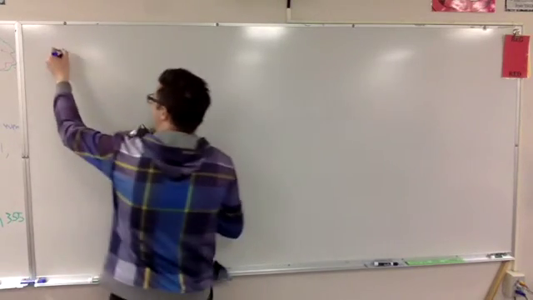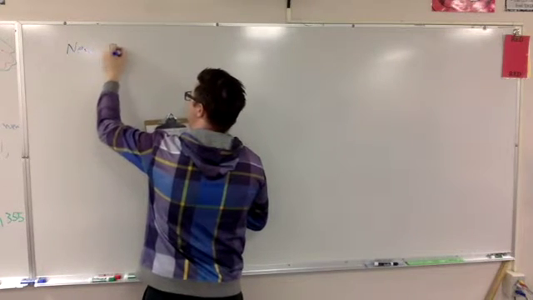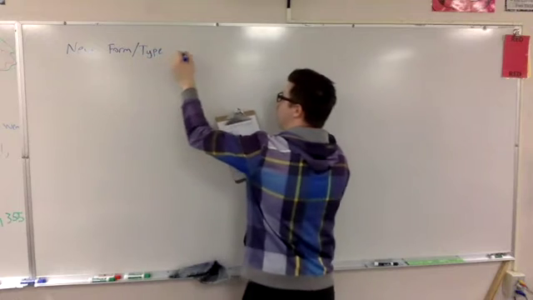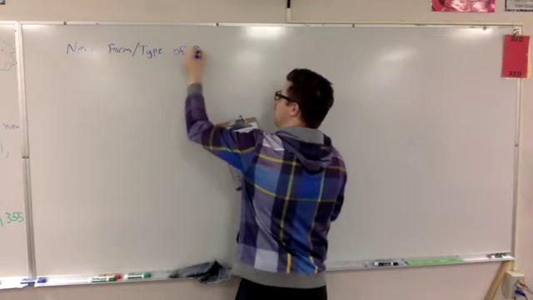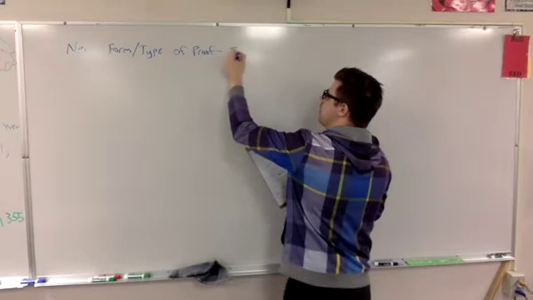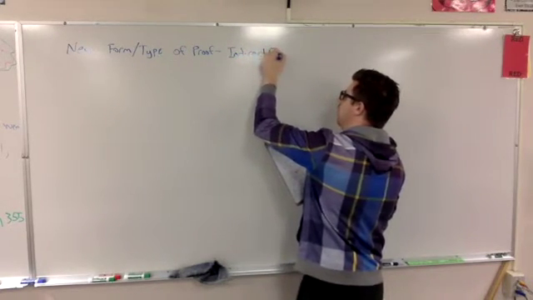So we call this a new form, and maybe we call it a type of proof. And this is called the indirect proof.